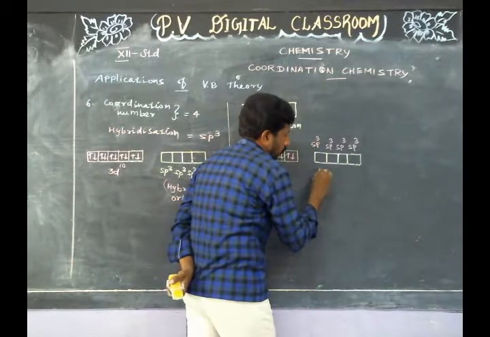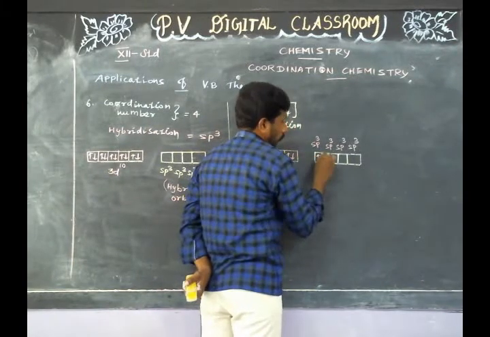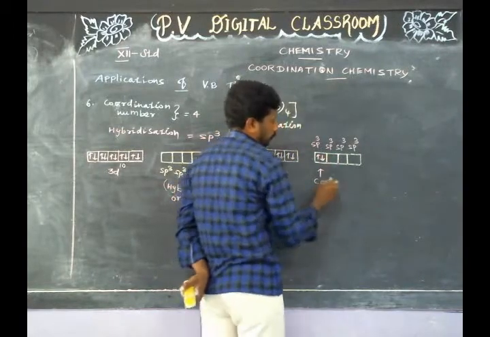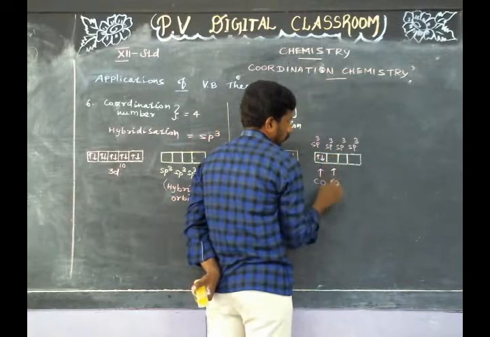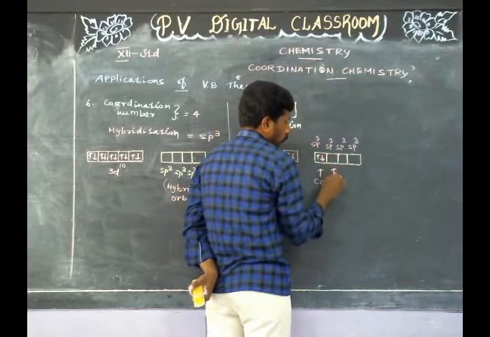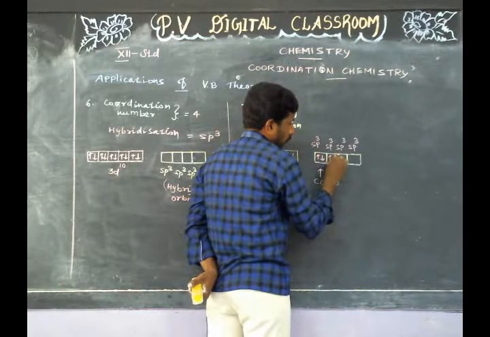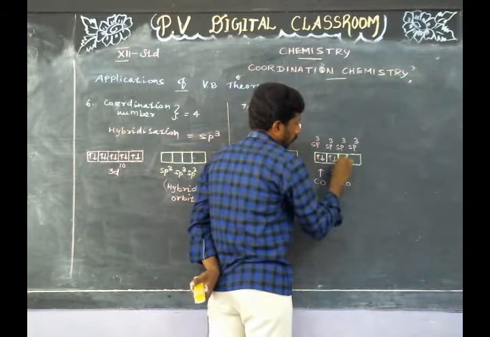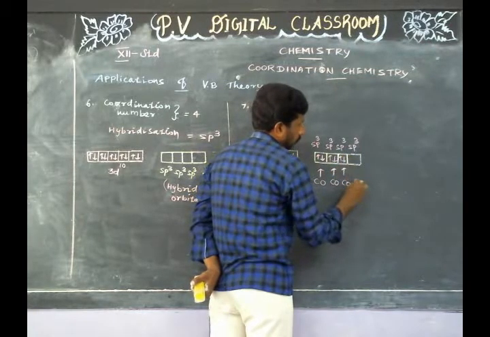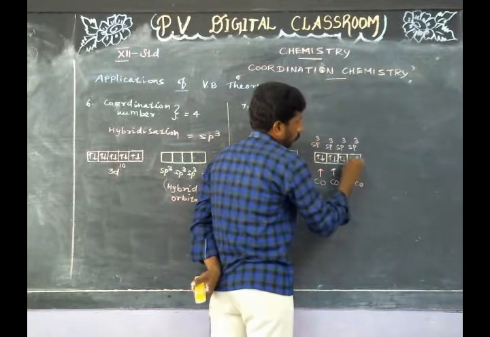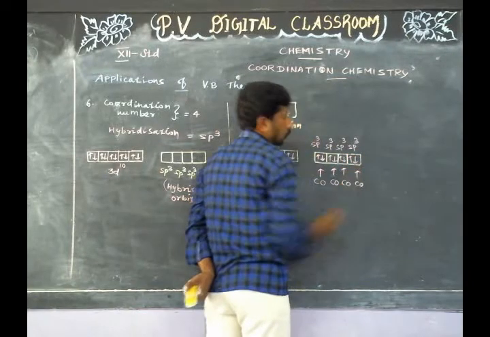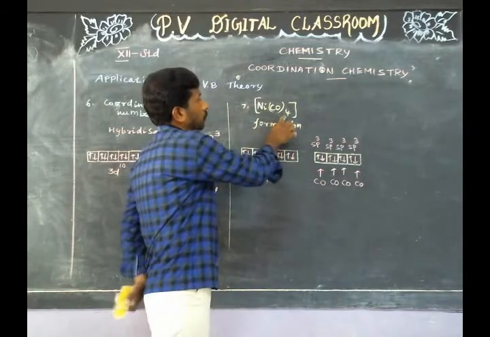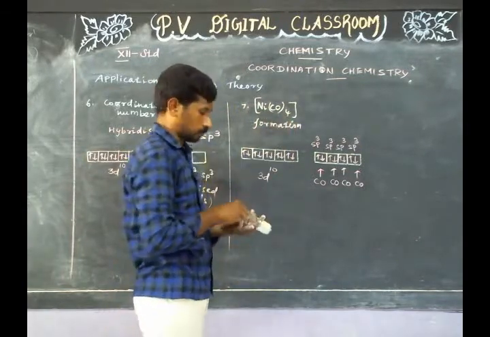CO donates a pair of electrons to the central metal atom. The second CO donates a pair of electrons to the central metal atom. Third CO donates a pair of electrons to the central metal atom. Fourth CO donates a pair of electrons to the central metal atom. Thus, the Ni(CO)4 complex is formed.